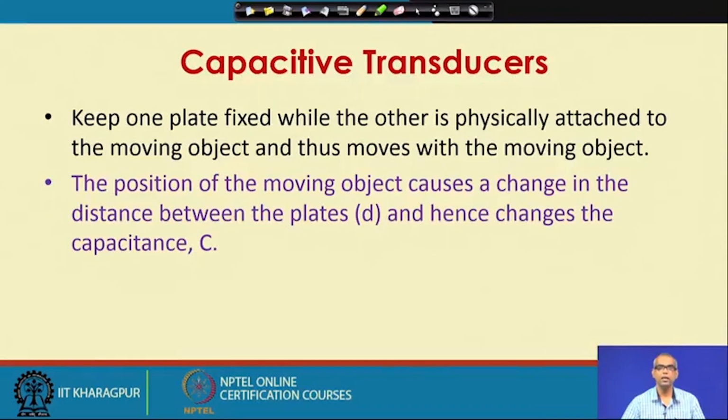So, if I now keep one plate fixed and attach the moving object with another plate, with change in the moving object, that means change in the location of the moving object or with change in the motion, the moving object will change its location. As the moving object changes its location, the distance between the fixed plate and the moving plate will be different.